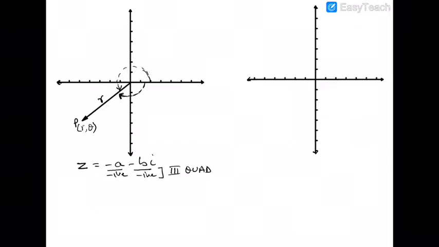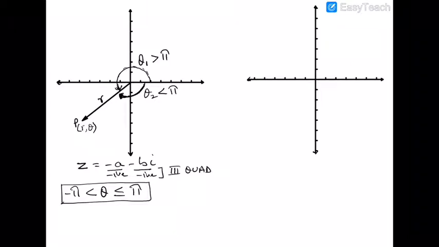So which angle will we take? In the anti-clockwise direction theta 1 is greater than pi, whereas in the clockwise direction theta 2 is less than pi, and we always take theta between minus pi and plus pi.